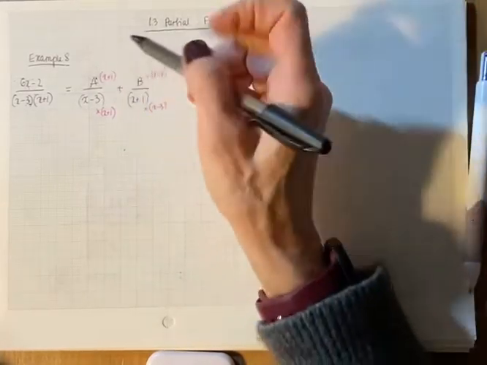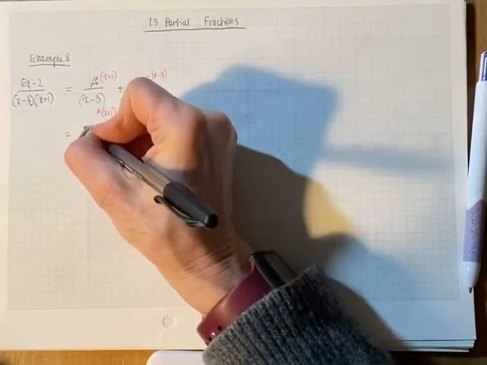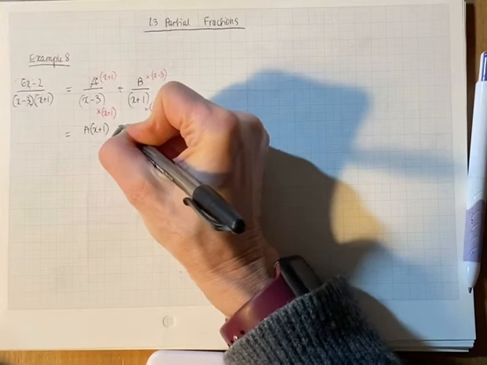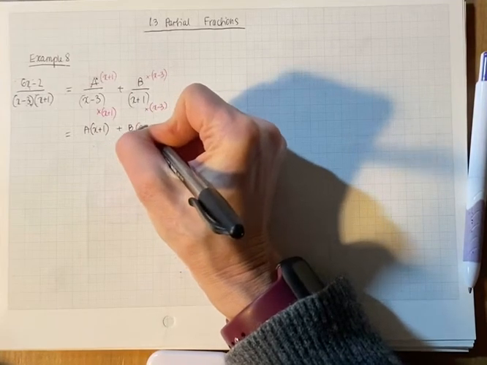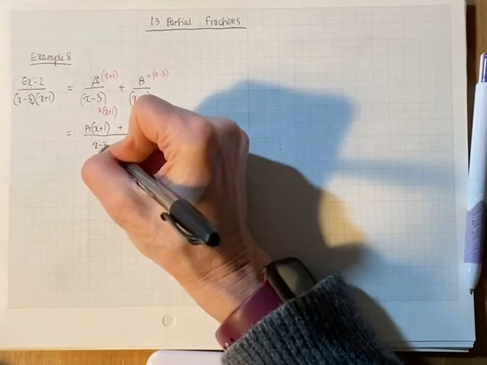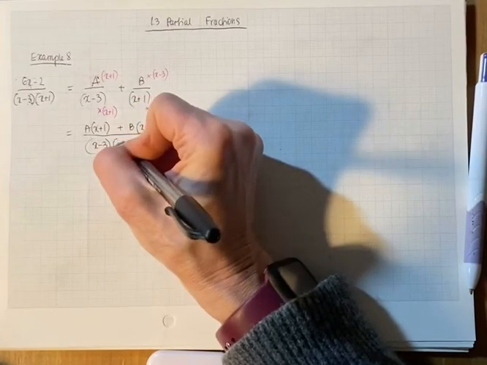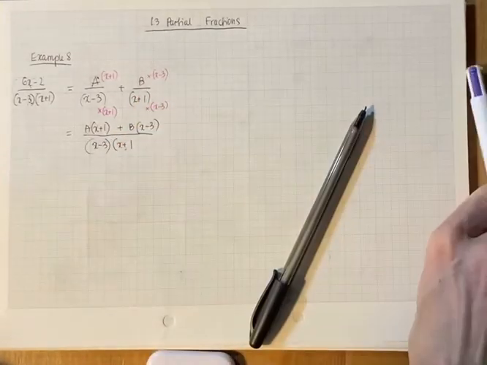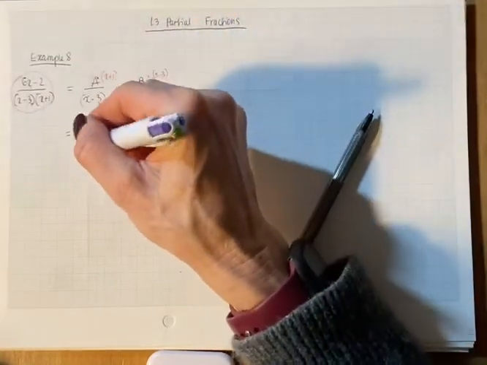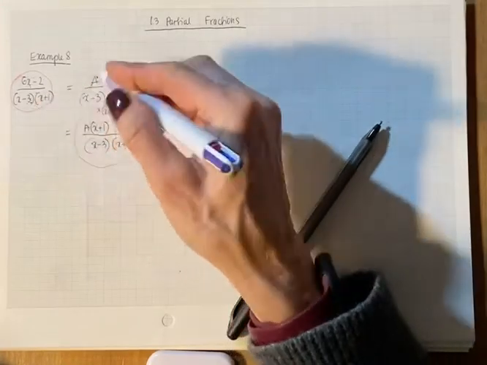So what do I get? I will get a times x plus 1 plus b times x minus 3 over x minus 3 multiplied by x plus 1. And this is equivalent to the fraction on the left hand side. So notice the denominators are the same.